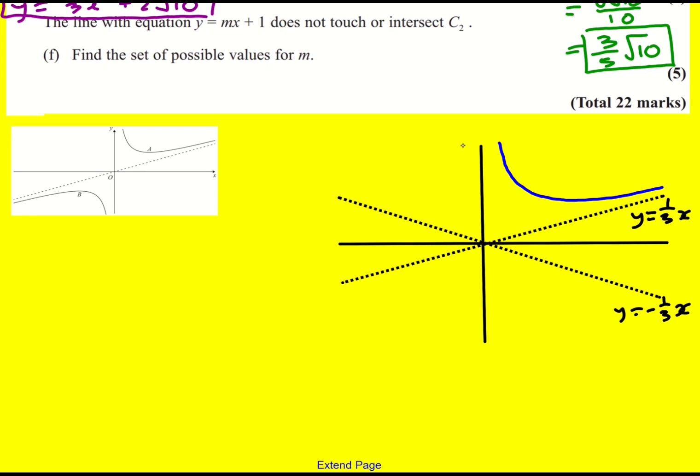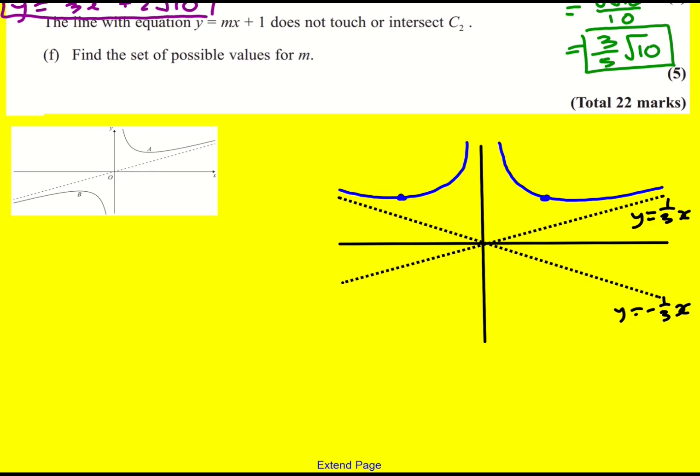And then the curve will end up looking a bit like this. It's meant to be a reflection. It's not too bad. I think it's good enough. Actually, I'm not happy with it. Let's do it again because it should be tending towards the asymptote. Okay, so something like that.